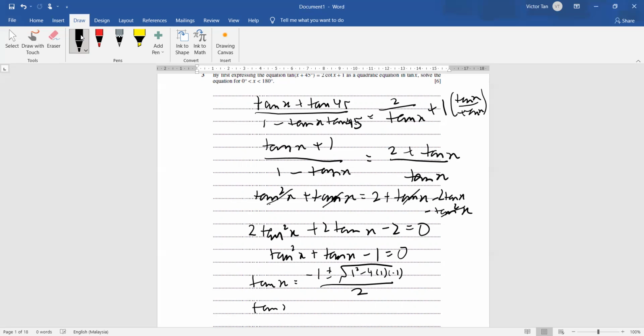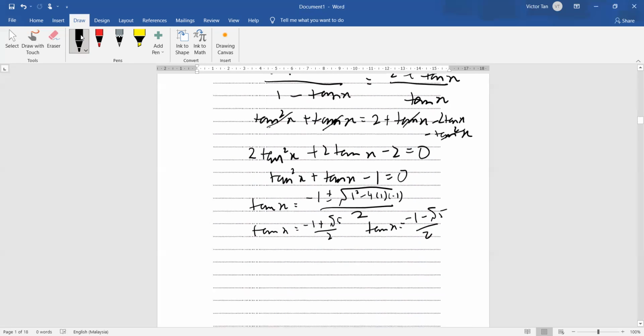You get tan x equals minus 1 plus or minus root 5, over 2. Okay, so this solution is 31.7 degrees.